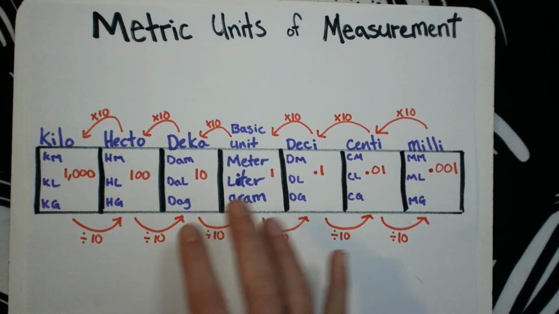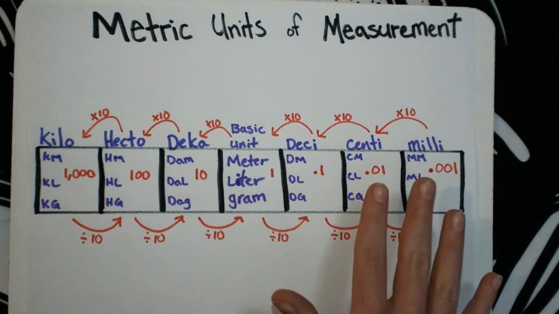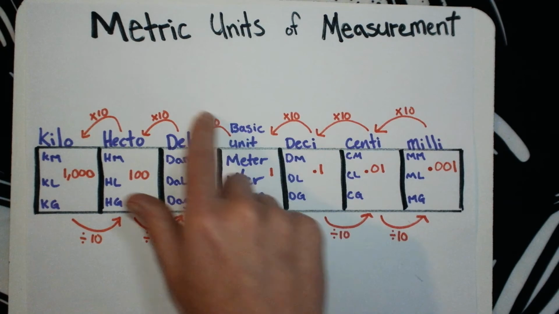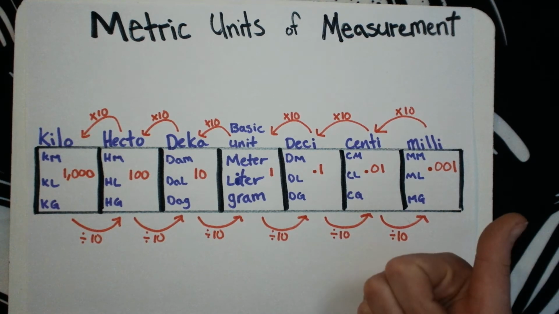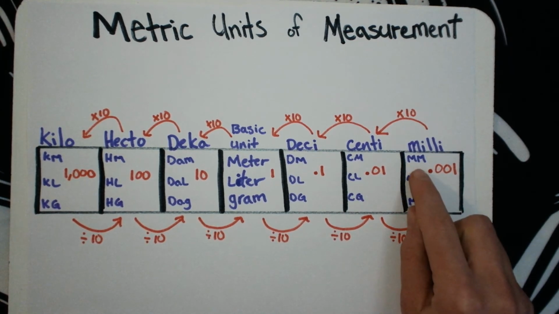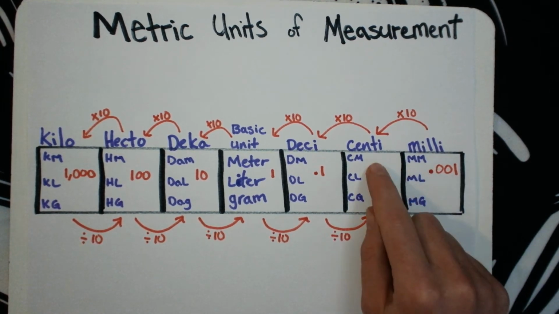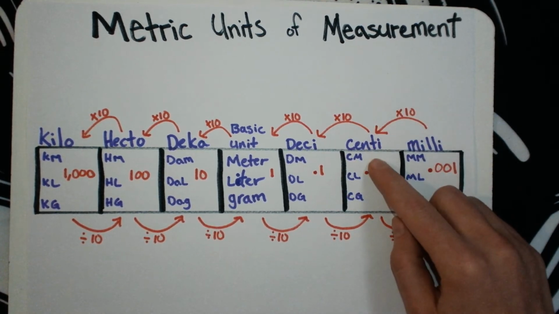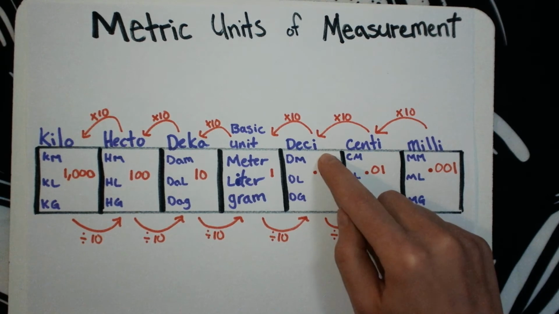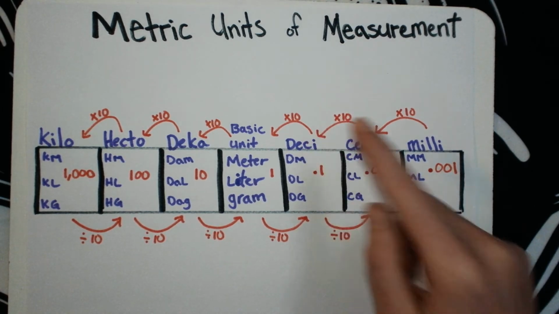And the way that you can convert between these measurements is by going up by powers of 10 or down by powers of 10. Because this is all in base 10, it gets really friendly and easy. So to go from a millimeter to a centimeter, you would multiply by 10. From a centimeter to a decimeter, multiply by 10.